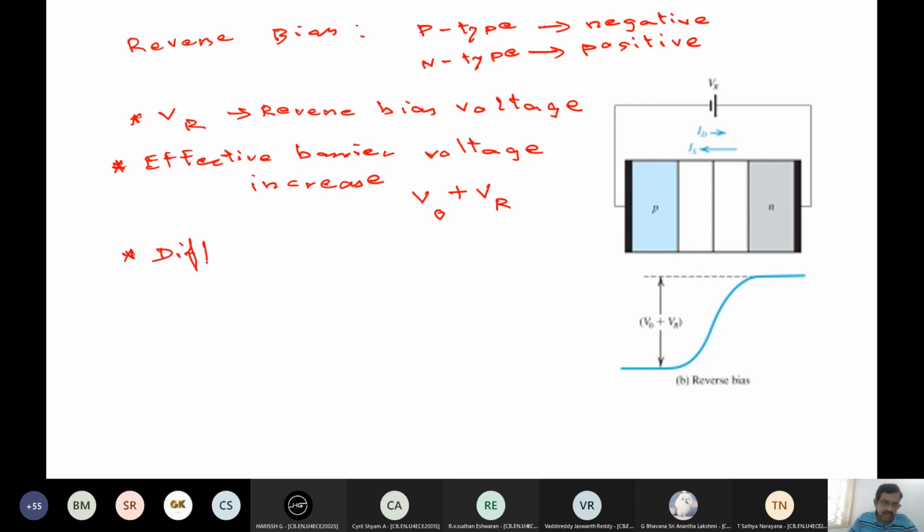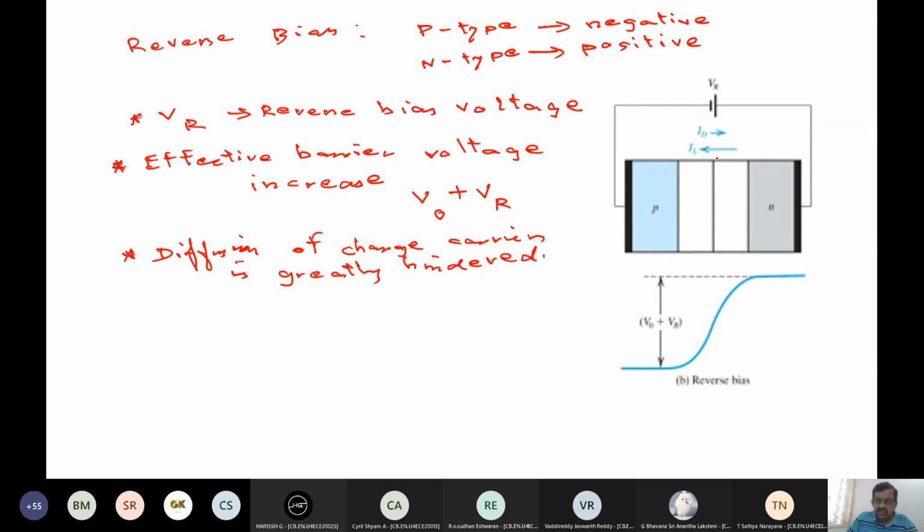Diffusion of charge carriers is greatly hindered. Now we will see analytically how much.